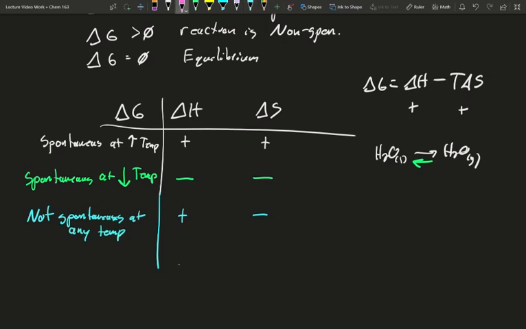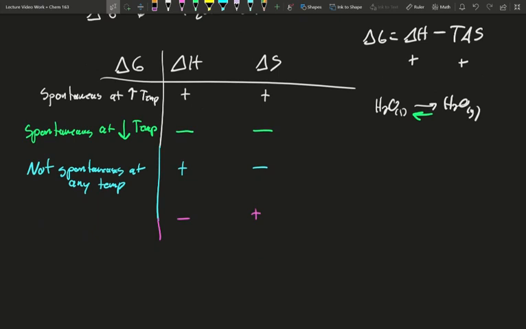And finally, what if we're negative and positive? In this case, you have an exothermic reaction that increases your entropy. When you subtract a positive, you will get a smaller number. So if we start with a negative delta H, say negative 10, and we subtract 1, we end up with negative 11.